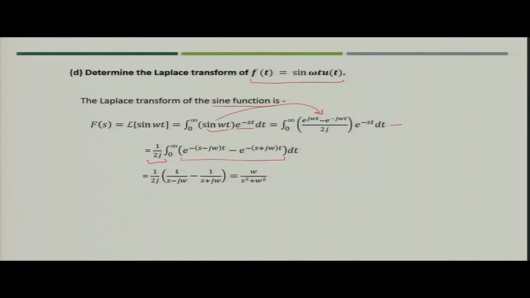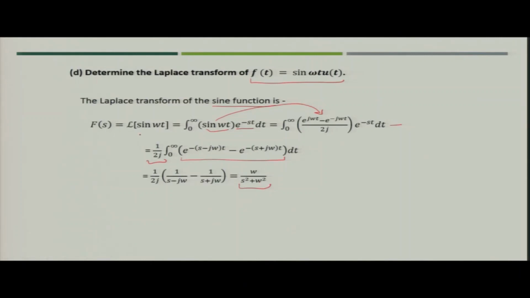So, we can simply write that the Laplace of this will become 1 upon 2j, 1 upon s minus j omega minus 1 upon s plus j omega. Now, if you simplify this expression, the final value you will get is omega upon s square plus omega square.